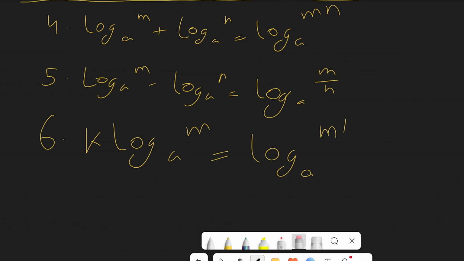Basically when there's a constant multiplying the log, it becomes the power of the power. Okay, so these are the basic rules of logarithm.